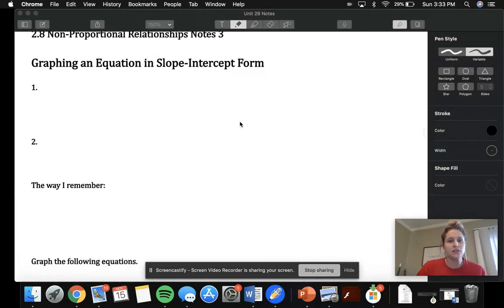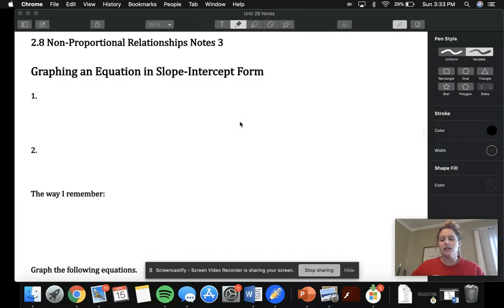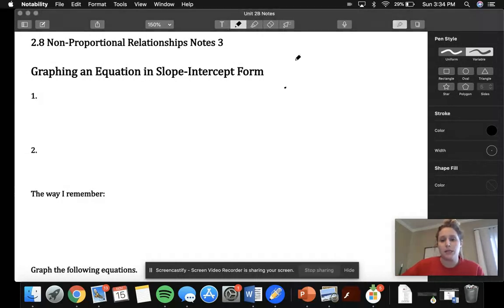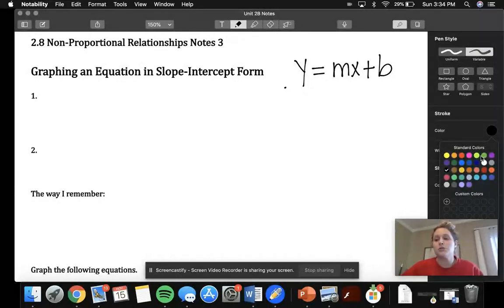Okay, so we are now ready. We've learned everything and we are now ready to graph equations that are in slope-intercept form. Just a reminder, slope-intercept form is that very awesome equation, y equals mx plus b. So now we're going to be given equations and we have to graph them. There are two steps.